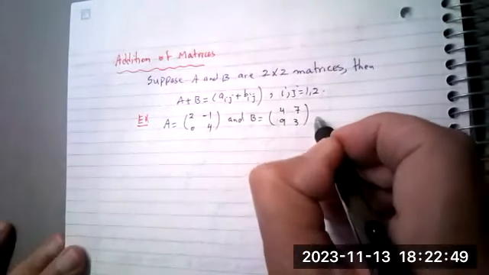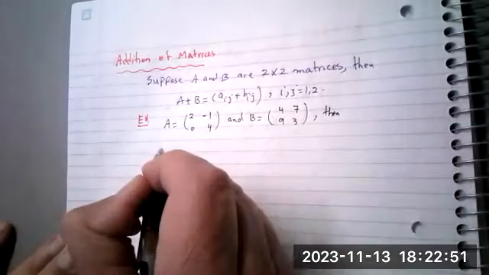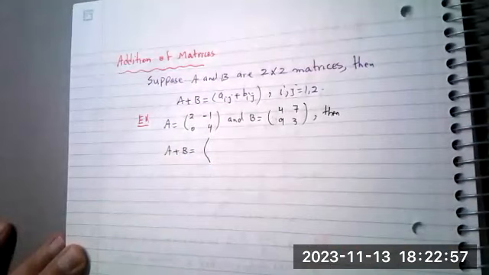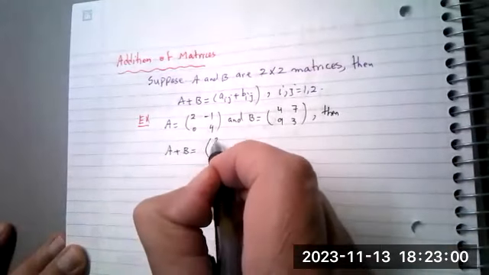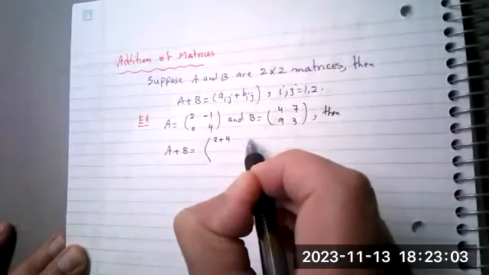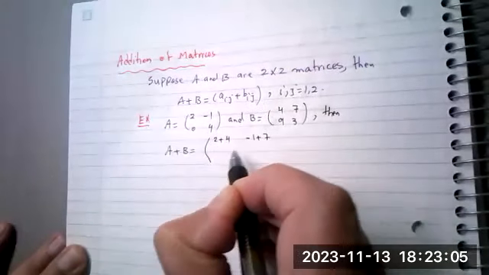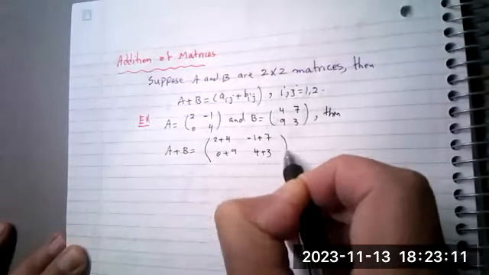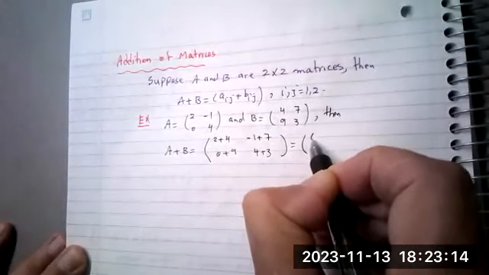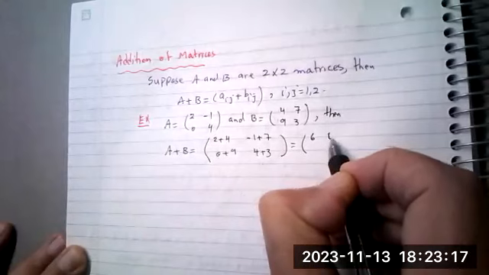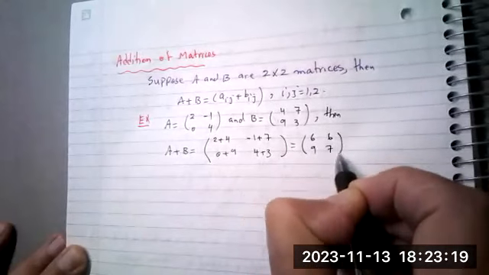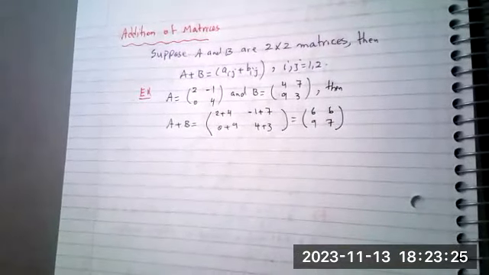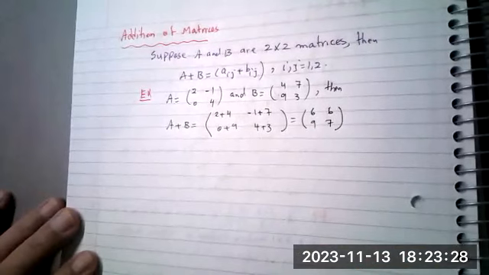Then you have A plus B equal to, you add the corresponding integers, so it's going to be 2 plus 4. And this would be -1 plus 7. And this is going to be 0 plus 9. And the 4 plus 3. So the new matrix is going to be 6, 6, 9, and 7. So this is the addition. Our square matrices, we can add them nicely together.